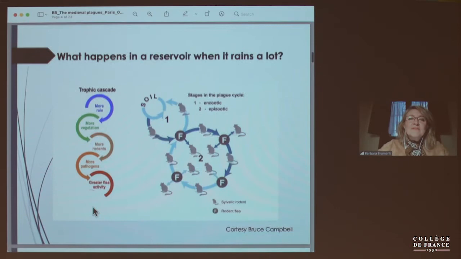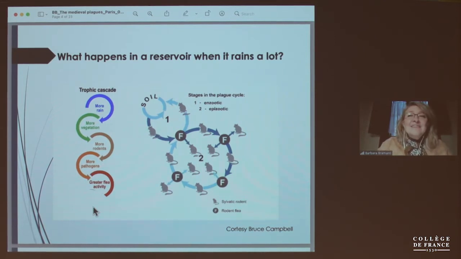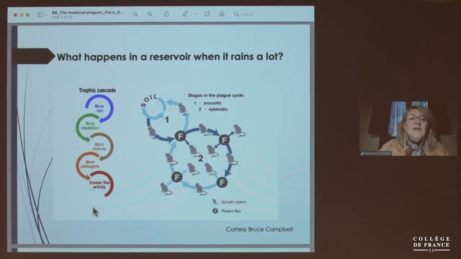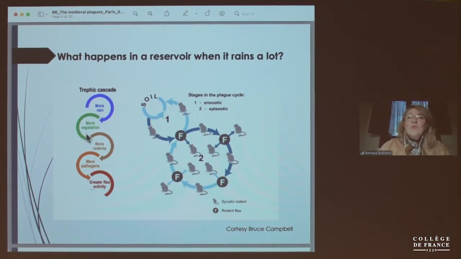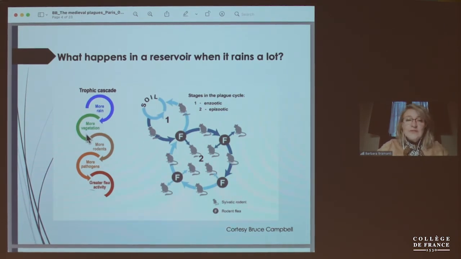But what happens in a reservoir, as you have understood, this is a desertic place. What happens when it rains a lot? This can happen. And in this case, it can be activated a so-called trophic cascade. More rain means also more vegetation in the region, and more vegetation constitutes more food for the wild rodents.